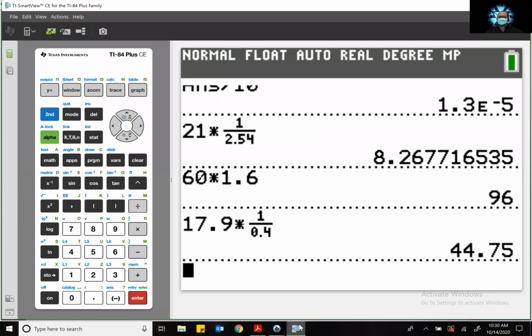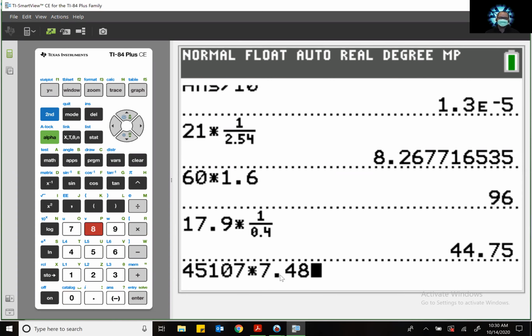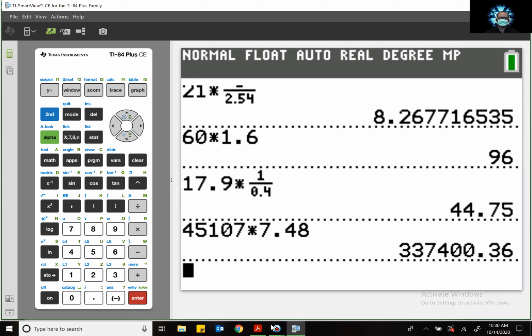Because our denominator is 1, we can just do straight multiplying. Actually, we always multiply. It just depends on whether we turn it into a fraction or not. So we take the 45,107 and multiply that by 7.48. I could put 7.48 over 1, but it's not going to change the number. And hit enter.